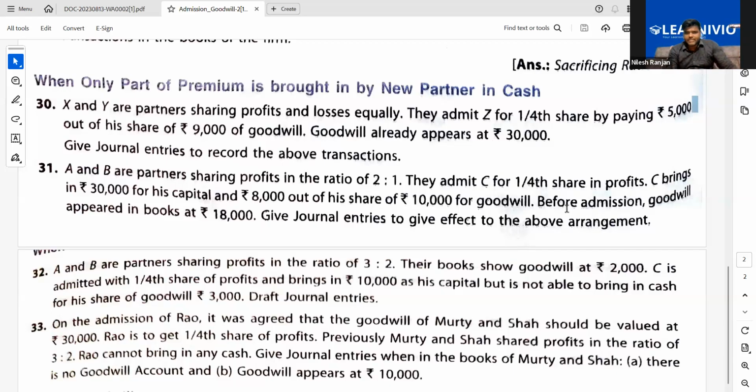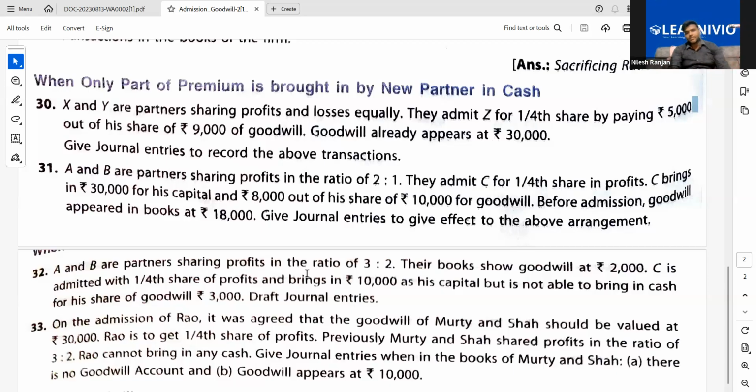There are three cases and we have covered these three cases. One, when the partner brings the full amount of goodwill. The second is when the partner does not bring any value for goodwill. And the third is when only part of goodwill is brought by the new partner. So this is the second case, when no amount is brought. One entry is for writing off.